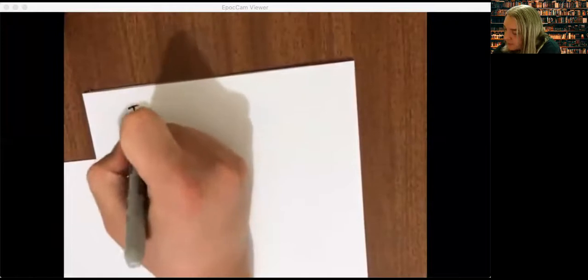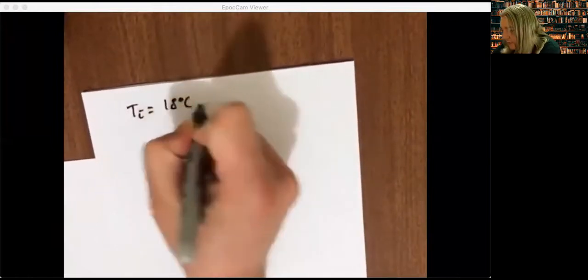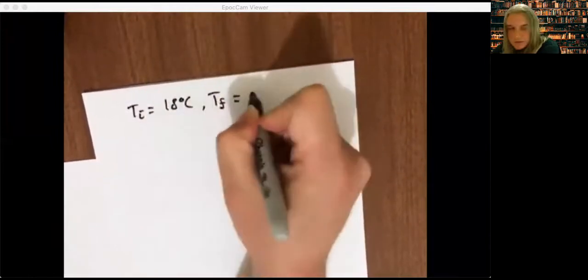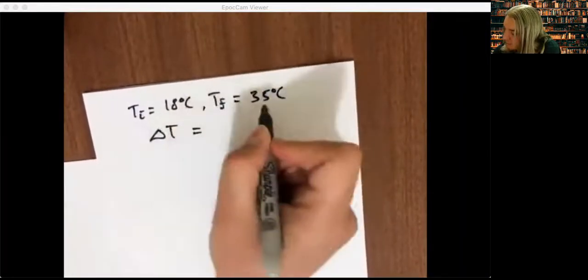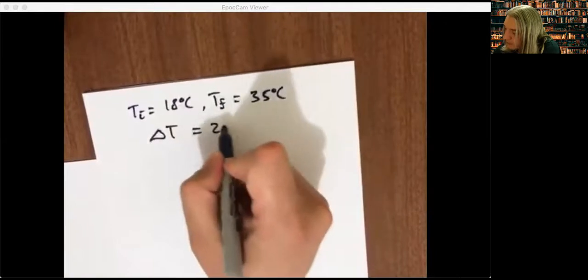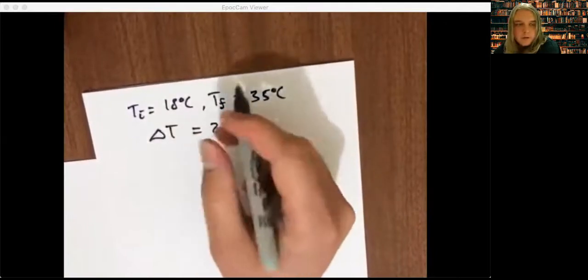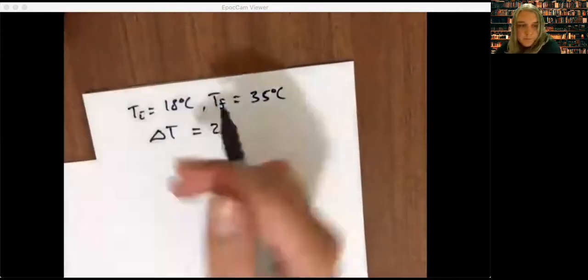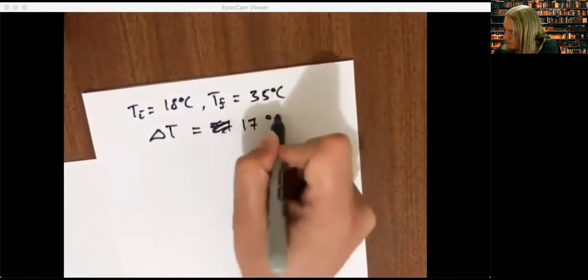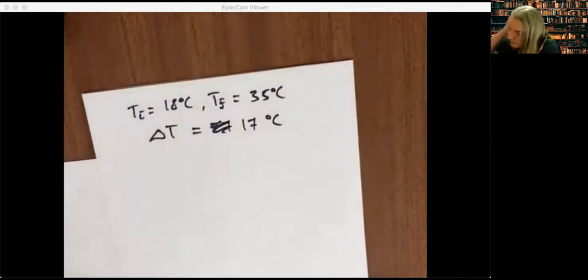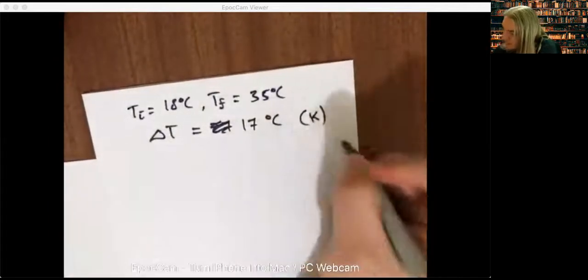So we've got initial temperature equal to 18 degrees C, final temperature equal to 35 degrees C, therefore our change in temperature is the difference, which is 17 degrees C, or again, that can be Kelvin now.